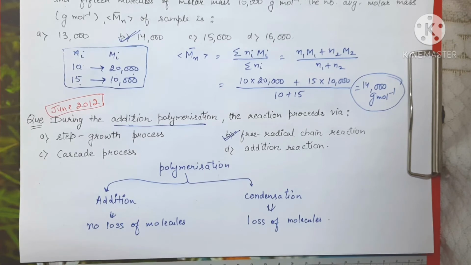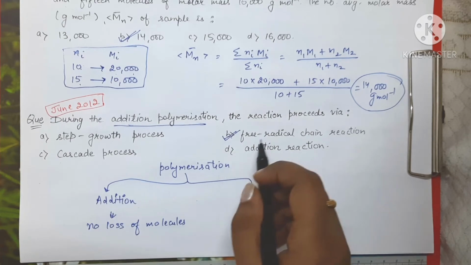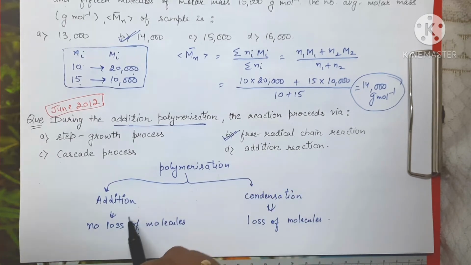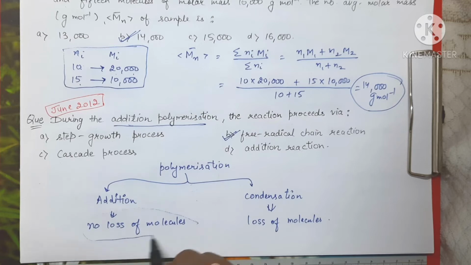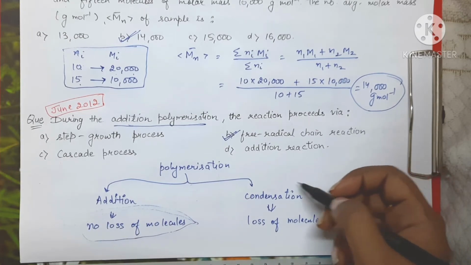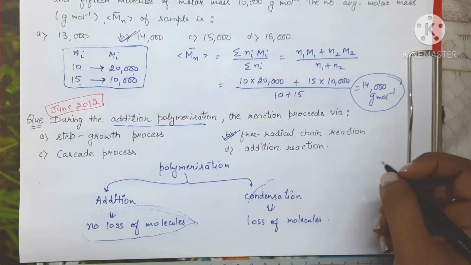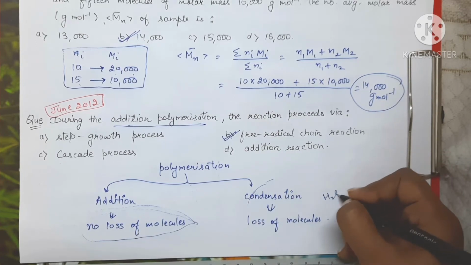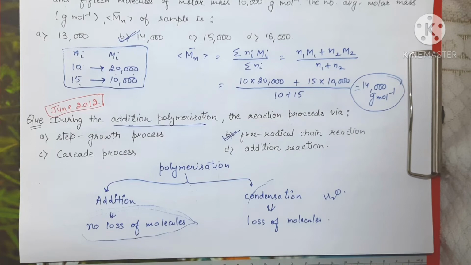This you have to learn, that addition polymerization always proceeds via free radical mechanism, and also in case of addition polymerization there is no loss of molecules during the process, and in case of condensation there is loss of small molecules like water, right? So this is about the second question. With this we'll move on to the next question.